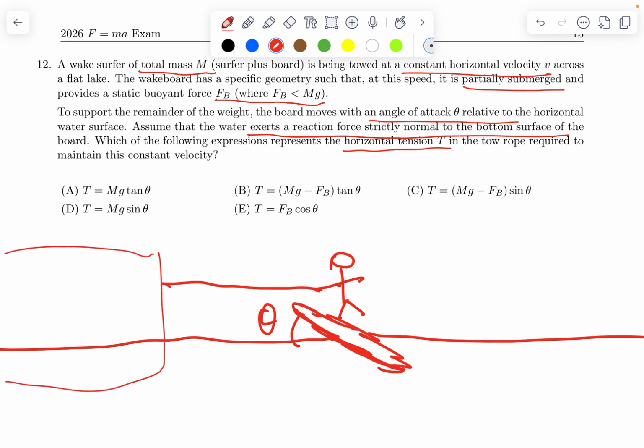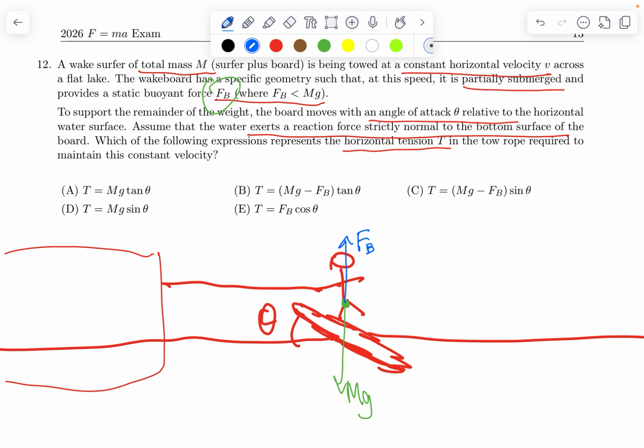So there's the total mass m, right? If this is the center of mass, there's going to be a force mg pointing downwards. Now to support that, it provides a static buoyant force Fb. And we know that the buoyant force always points upwards, so it's Fb pointing upwards.